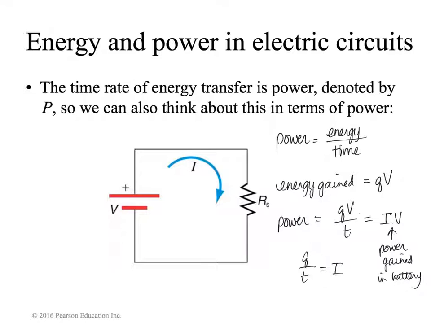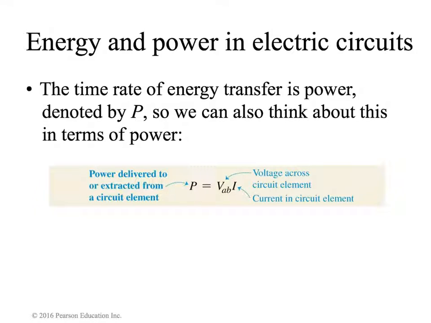You should expect that the same amount of power will be lost through the resistor because the same thing was true about energy. Energy was gained in the battery. Energy will be lost in the resistor. But it might turn out that there is a more convenient way to express this. First, let's summarize what we found: the power that was delivered to the circuit could be expressed as the potential across the circuit element, which in this case was the battery, and the current that was flowing in the circuit.